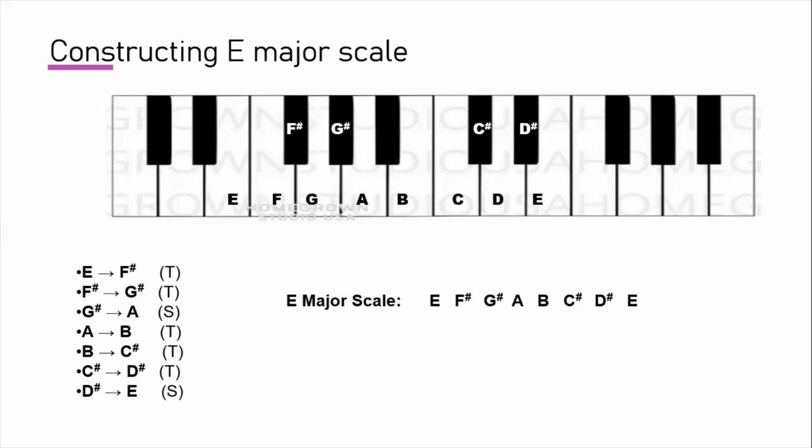As well, the movement from A to B is a tone. And then from B to C sharp is a tone. From C sharp to D sharp is a tone as well. And then from D sharp to E is a semitone. And so the analysis is done for us there.